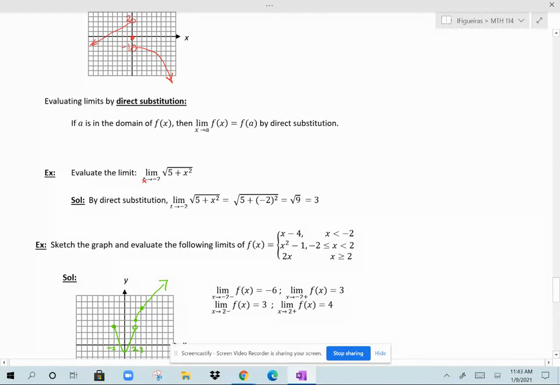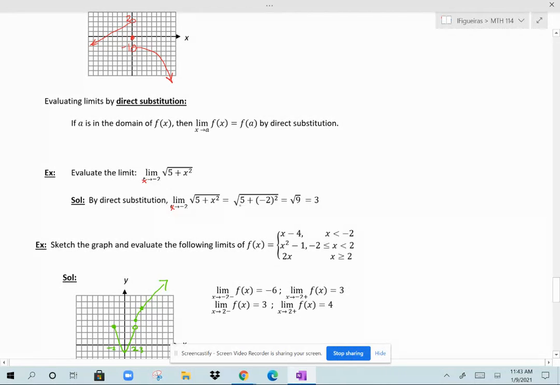So here's an example. I have the limit as x approaches -2 of the square root of 5 plus x squared. So -2 is in the domain. In fact, all values of x are in the domain. No matter what you plug in, you're going to get a positive result inside of that radical, which means no imaginary numbers.